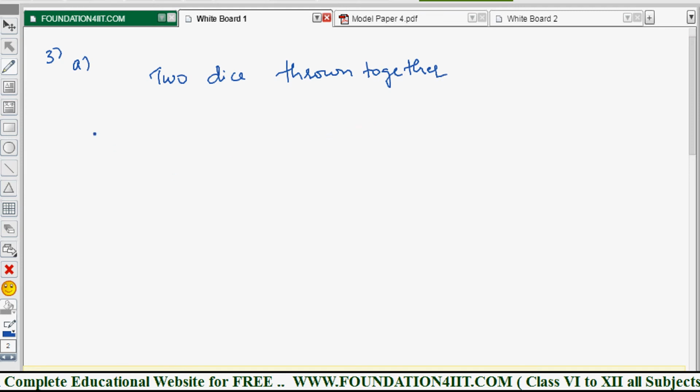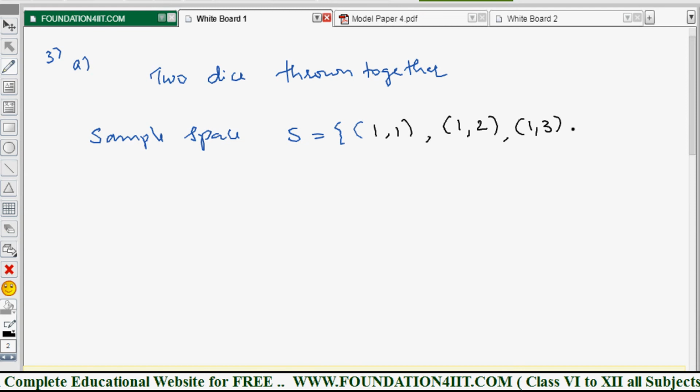But whenever two are there, you can take the sample space S equal to: first die we can get 1, and second also 1. First is 1, second may be 2. First is 1, again second is 3. These are the chances, and 1 comma 4, 1 comma 5 and 1 comma 6.